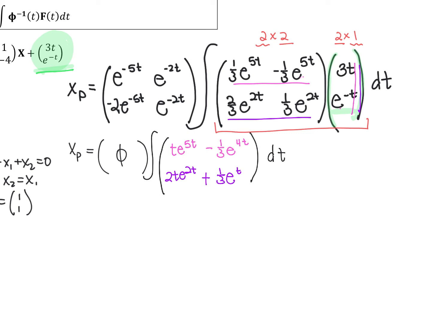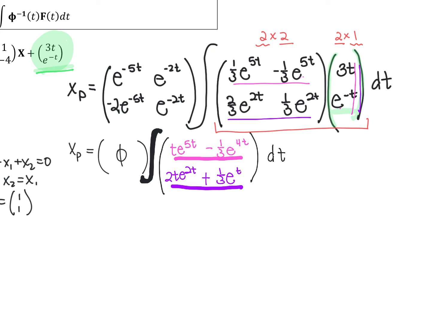And you'll notice now I need to integrate this. It'll form a 2x1, but a messy 2x1. This is one row right here. So this is one row. This is one row. They're not separate terms.